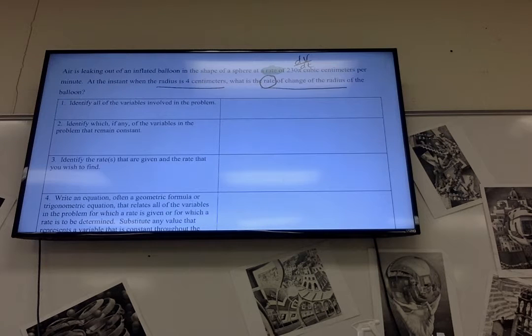Okay, so first let's talk about all the variables that are in this problem. Pi is not a variable, it's just a number.